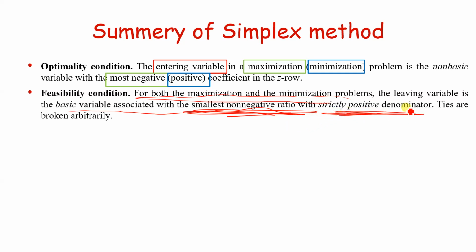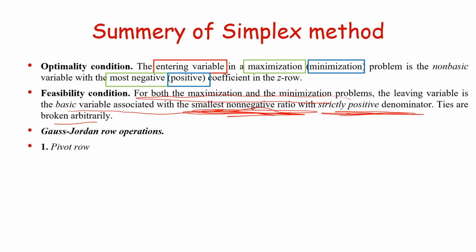The denominator should be positive; that is, the entries in the pivot column which are positive contribute. Ties are broken arbitrarily: if you find the least positive ratio for two or more variables, then you can choose any of them as the leaving variable, randomly.